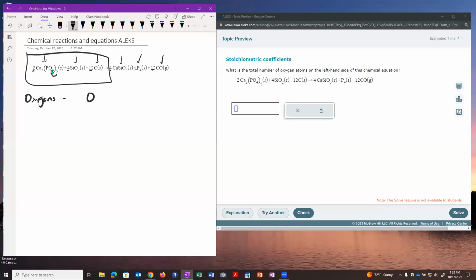So we have 4 of these oxygens times the subscript on the outside. So that's 4 times 2 is 8. We also have 2 of that entire thing. So 8 times 2 here from the calcium phosphate would give me 16.